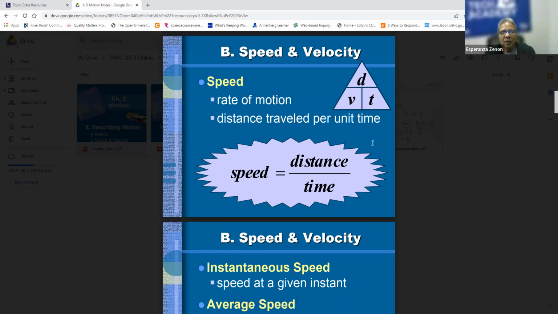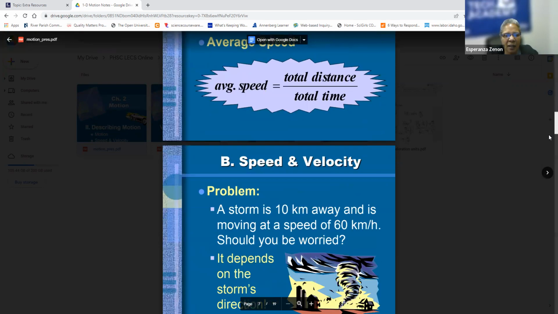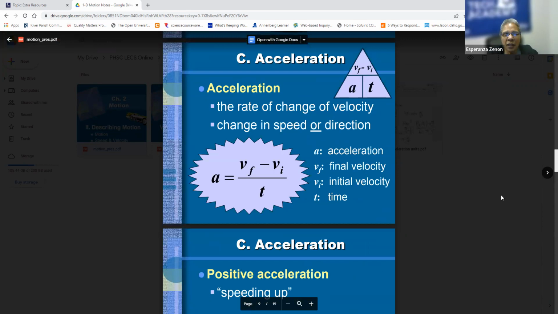And here's another pyramid. We took those 5 equations and simplified them down to 2 pyramids. One deals with distance, speed, and time, and the other deals with acceleration, velocity, and time.